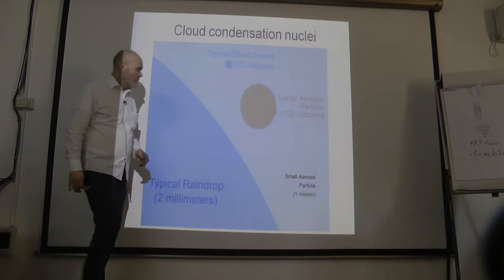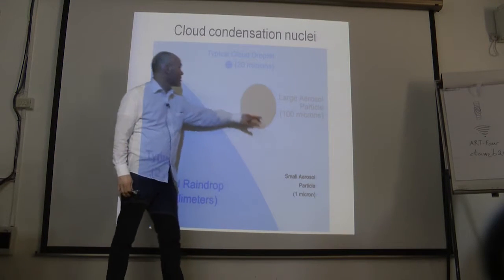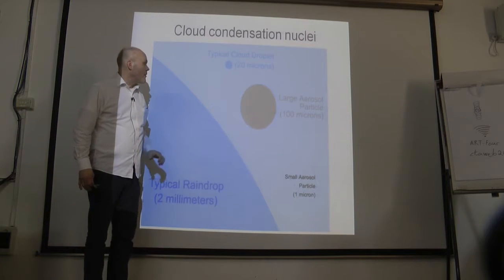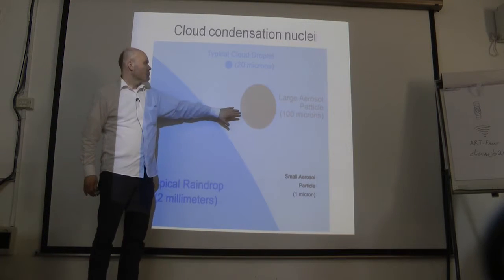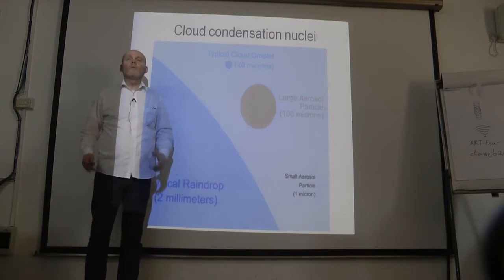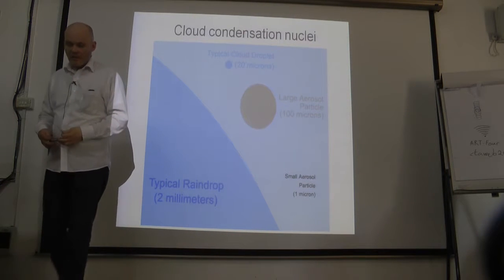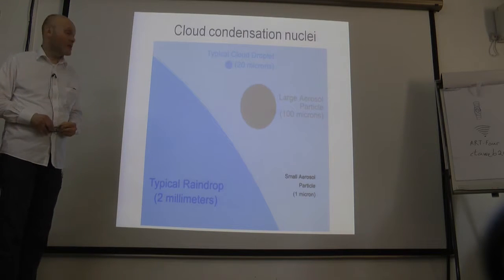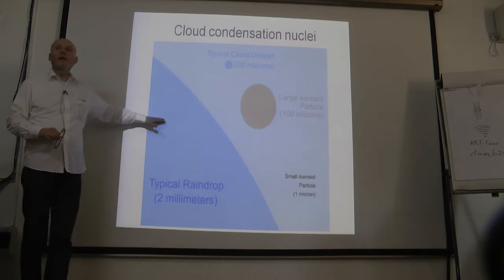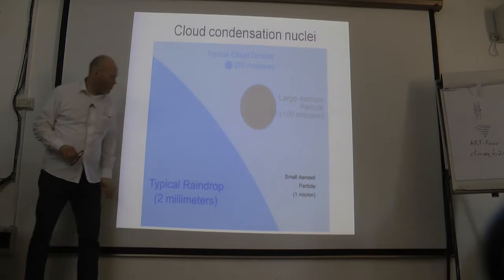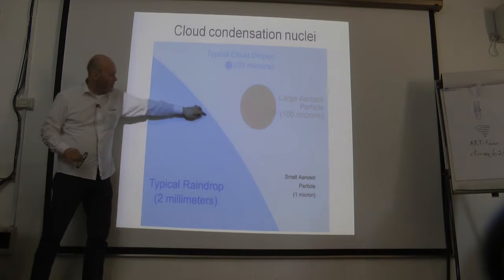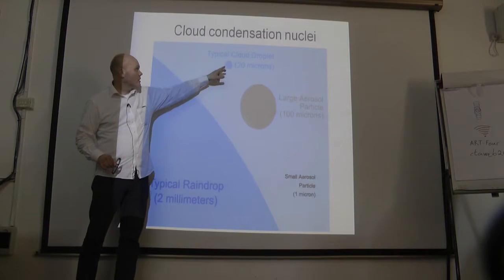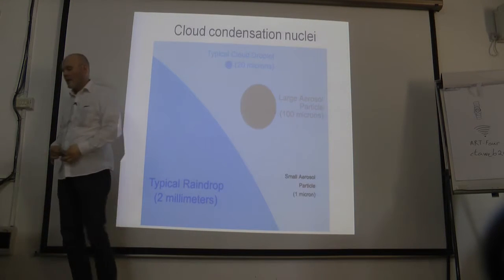We have extremely small aerosol particles, up to quite big, that we call dust, and they are important for activating droplets and the growth of cloud droplets, which again later accumulate into raindrops. This is a raindrop. This is large aerosol particles, and this is cloud droplet. Typical.